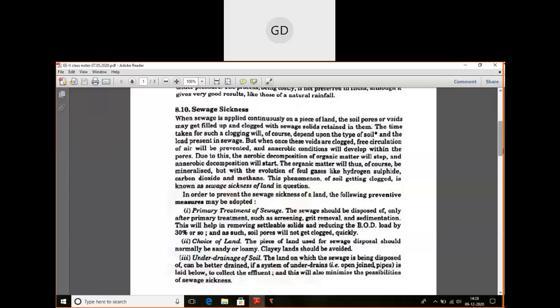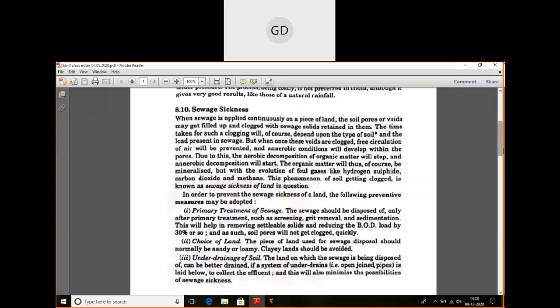But what happens, as I just told, when anaerobic conditions develop, is evolution of foul gases like hydrogen sulfide, carbon dioxide and methane. These gases will develop with a very strong foul smell. So this phenomenon of the soil pores getting clogged is known as sewage sickness of land.